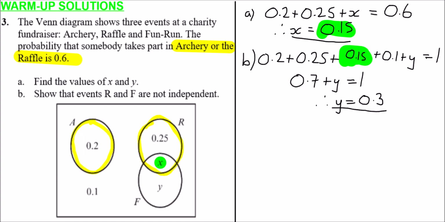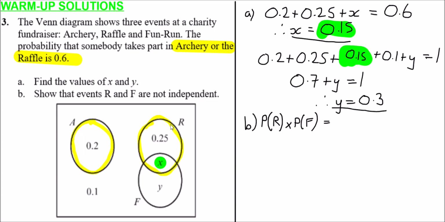Whoops, sorry, that isn't part B, that's still part of part A. Part B is where we need to show that events R and F are not independent. So what we need to do first of all is consider what the probability of R multiplied by the probability of F would be.